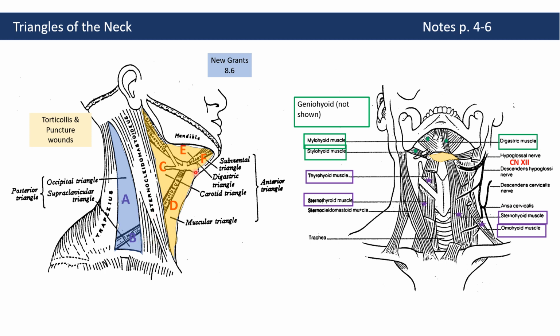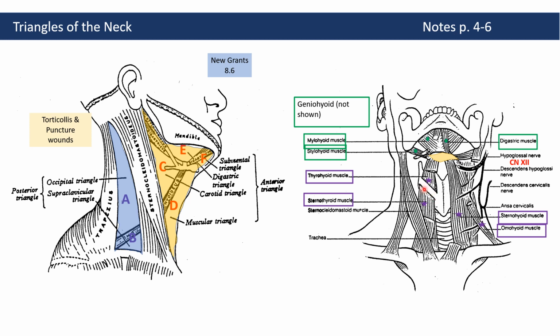Now, I mentioned that the infrahyoid group of muscles lie in this muscular triangle, and that's shown in this image over here, where the infrahyoids have been circled or highlighted in purple. Okay, and so medially and anteriorly, you have the sternohyoid muscle that goes, as one might imagine, from the hyoid bone to the sternum. Deep and slightly lateral to that, you see the sternothyroid muscle, shown on the left side of the image.